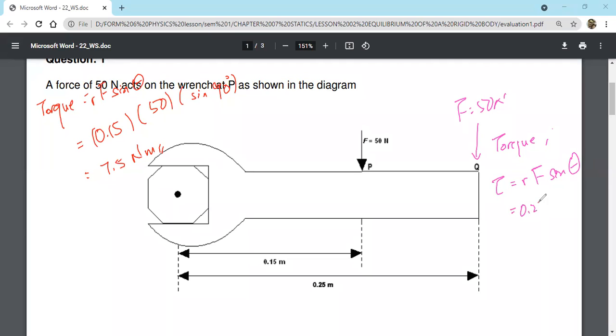The distance will be 0.25 times F, 50, sin 90 degrees. At the end, 50 times 0.25 gives 12.5 Newton meter.